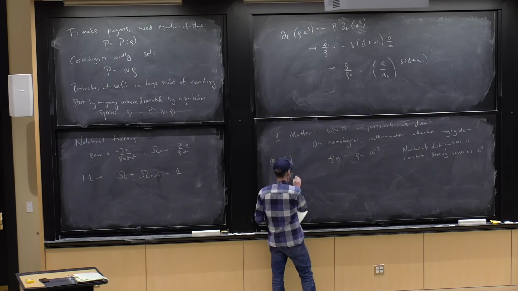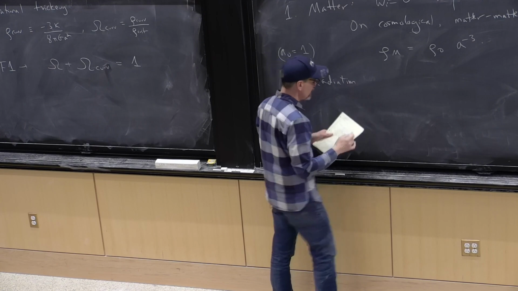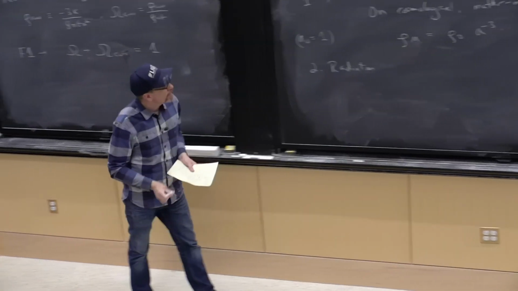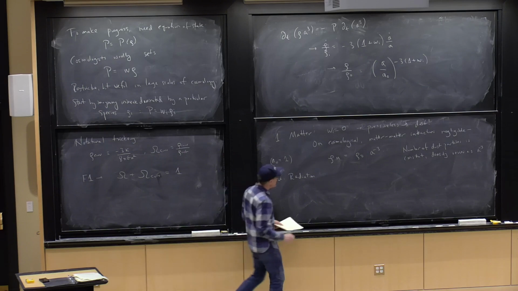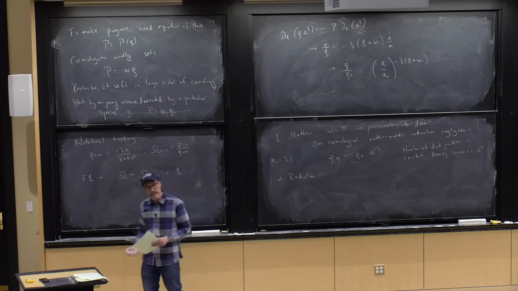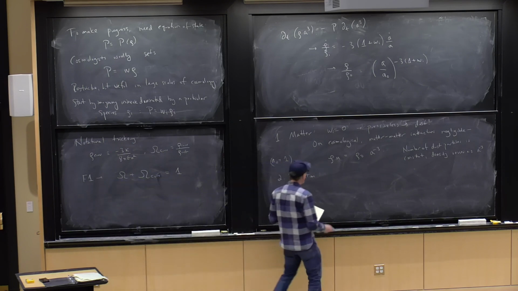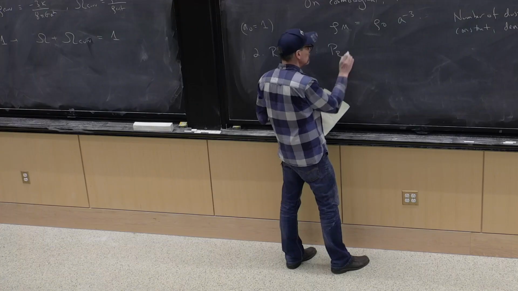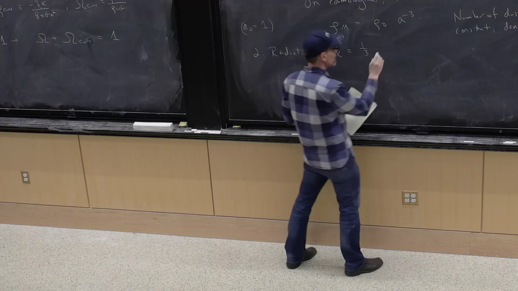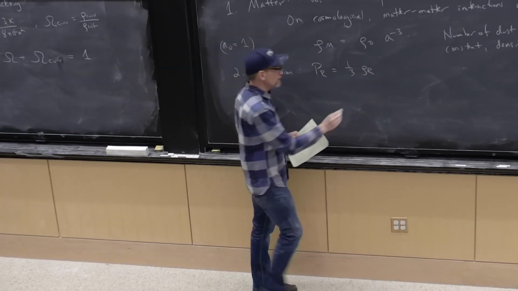Your second species of stuff that your cosmologist often likes to worry about is radiation. Here, just go back to stat mech. If you have a gas of photons, it exerts photon pressure, and that is of the form: the radiation pressure is 1/3 of the energy density.